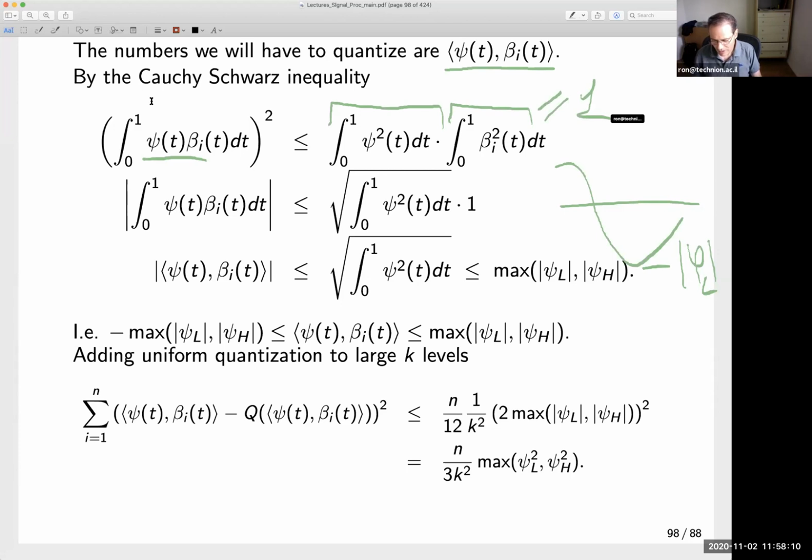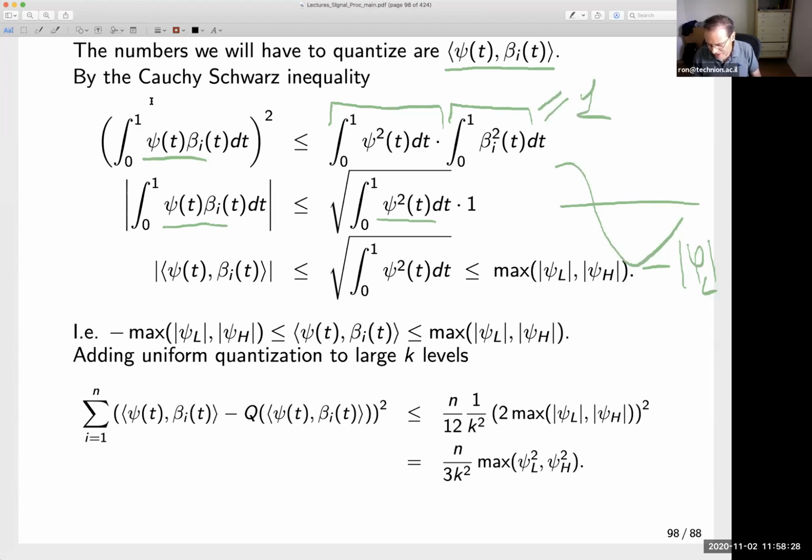So the projection of psi onto beta i is nothing but the norm, taking the square root over the integration of the square of psi.